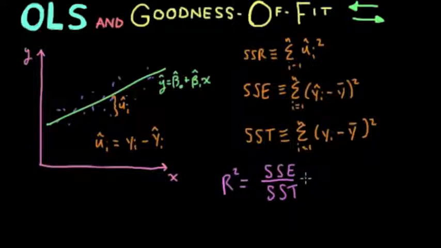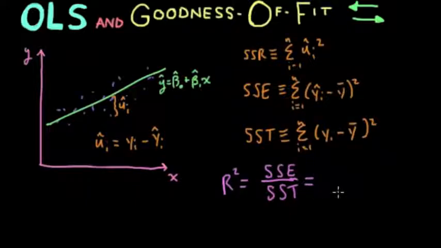And essentially this makes sense. We want to see how much of our model we have explained. So we have our explained sum of squares, which tells us how much of the variation in y we have explained using our model, divided by the total variation in y.